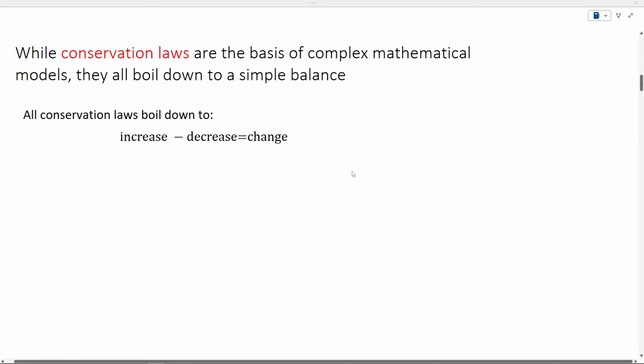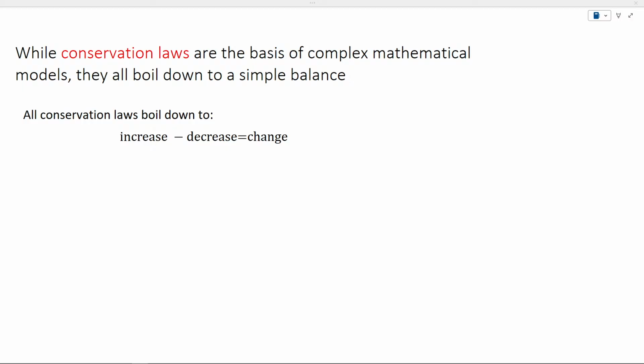Any modeling application, physics-based modeling, is based on the laws of conservation. There are three main conservation laws, basically for three fundamental properties: mass, energy, and momentum.